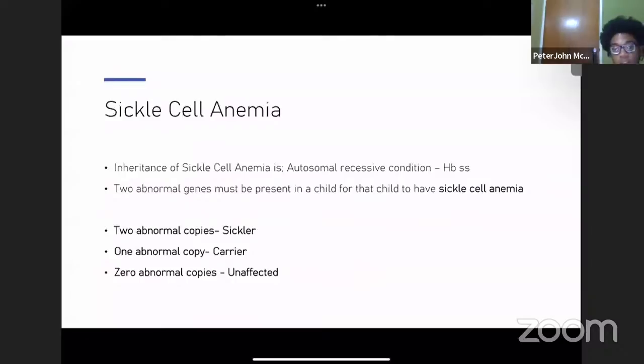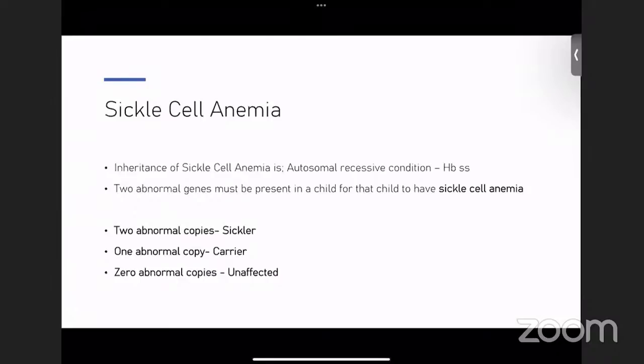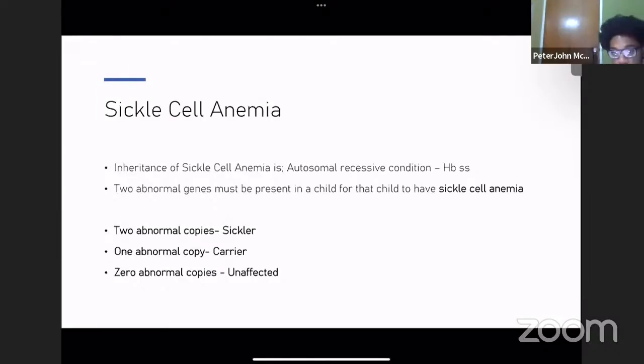Perfect. So let's deal with a bit of sickle cell anemia now. Inheritance of sickle cell anemia is autosomal recessive. It's the exact same as what you've been doing so far, except we write it a bit differently. The two abnormal genes must be present in a child for that child to have sickle cell.